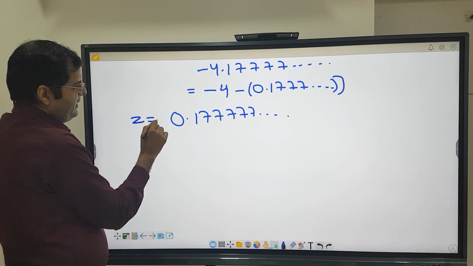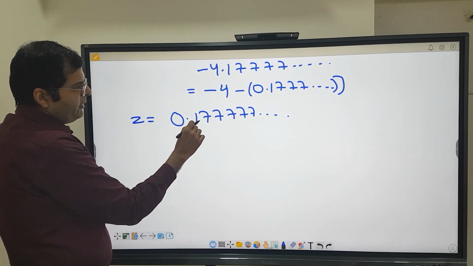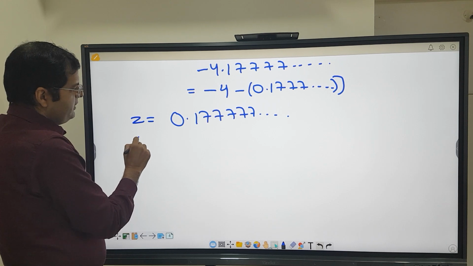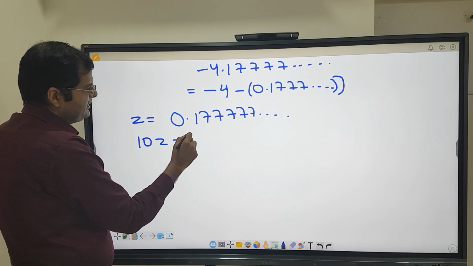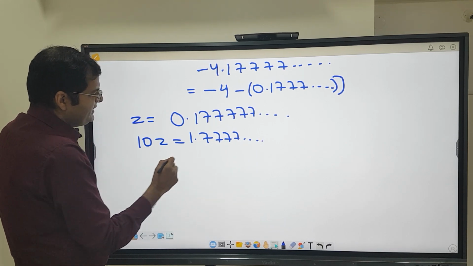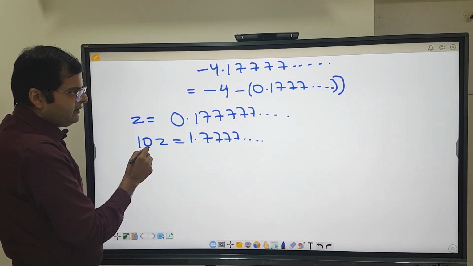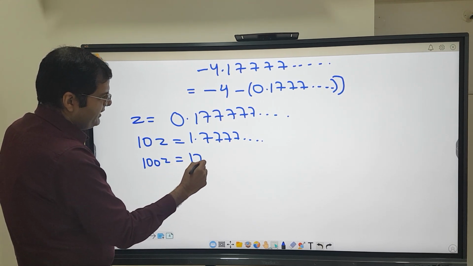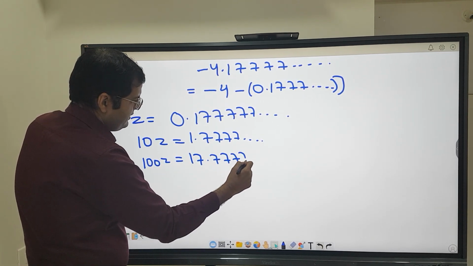Let that be z. So z is equal to 0.17777 and so on. Now 1 is not getting repeated, so first I will multiply this by 10. So 10z is 1.7777. Now only one digit is getting repeated, so I will multiply by 10 only. This becomes 100z equal to 17.777.